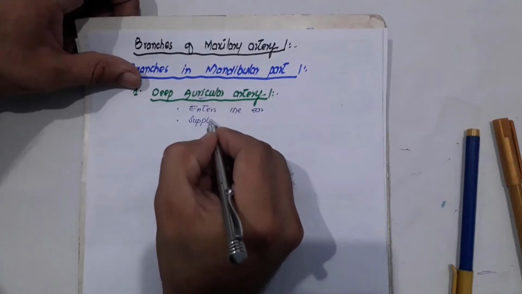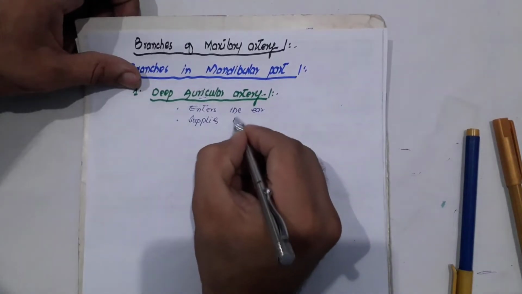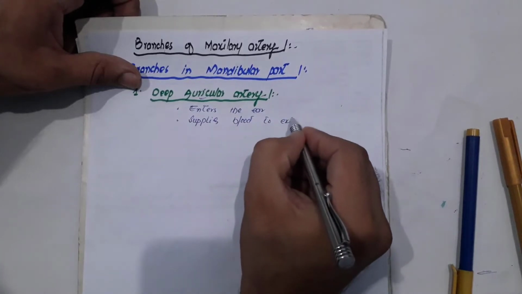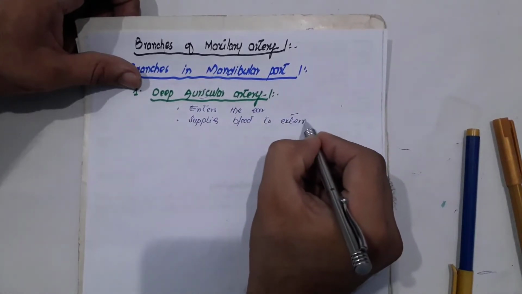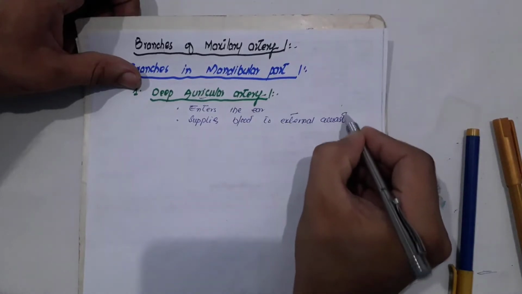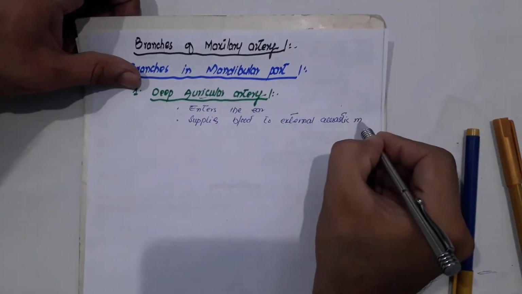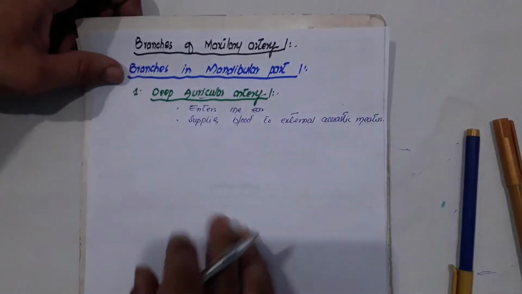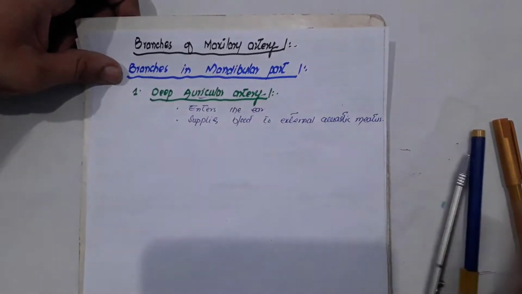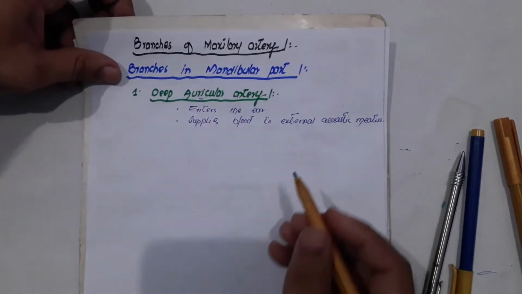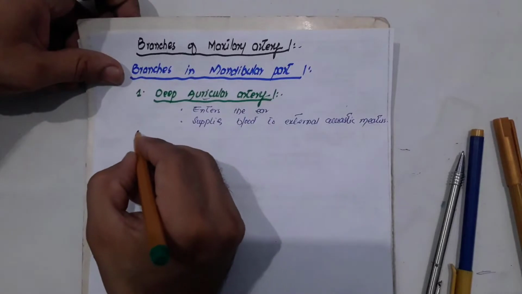It supplies blood to the external acoustic meatus. Right, very good. So this was the first branch, the deep auricular artery, and this artery is responsible for supplying blood to the external acoustic meatus.